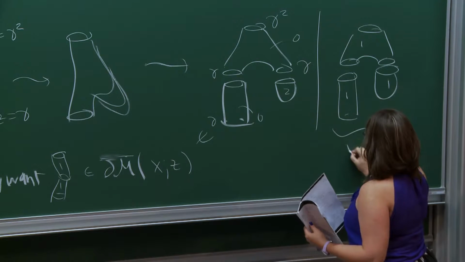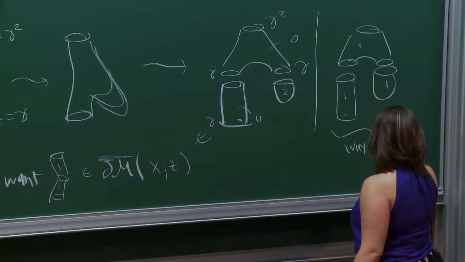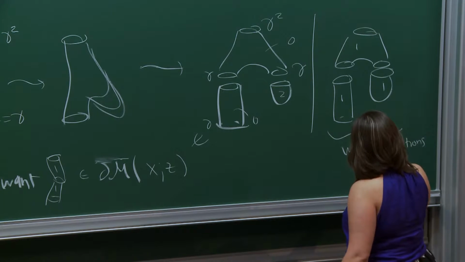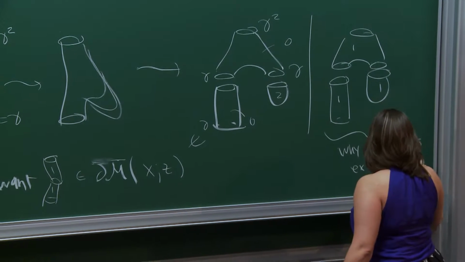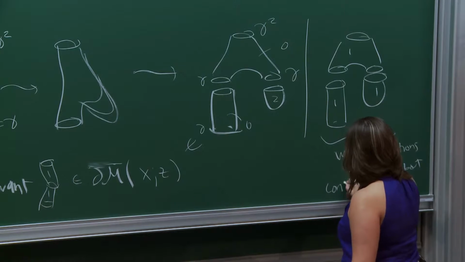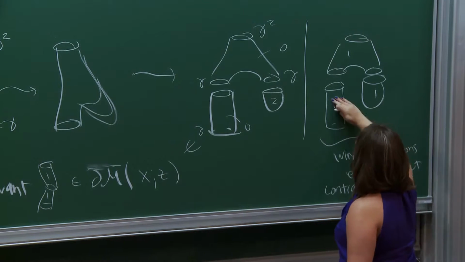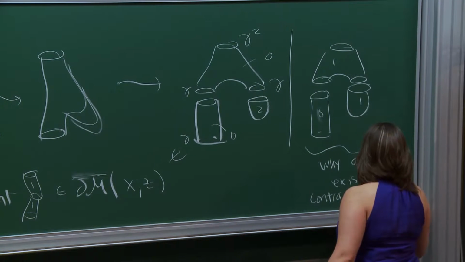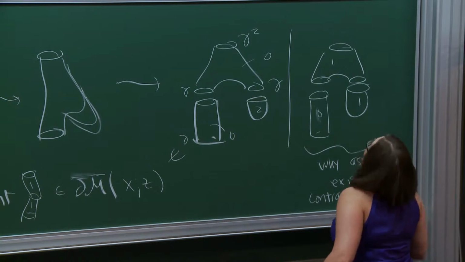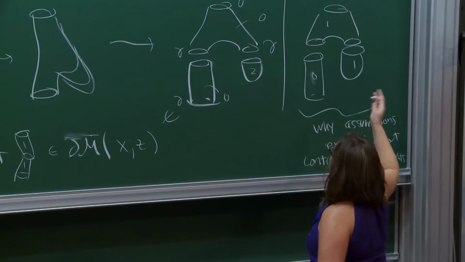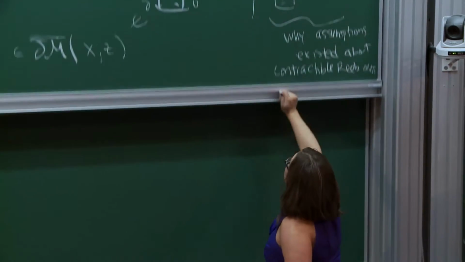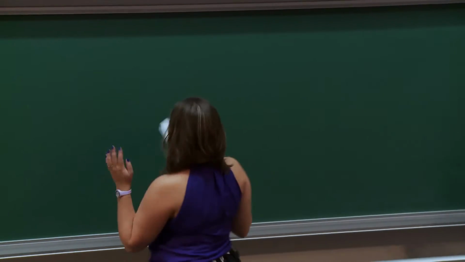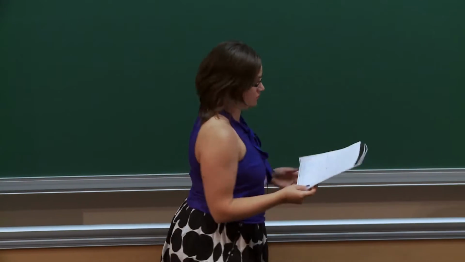So this is why the assumptions in the conjecture exist. And then the 0 and minus 1 sort of come up when you try to prove invariance and homotopy, depending on what level of transversality you want to assume.